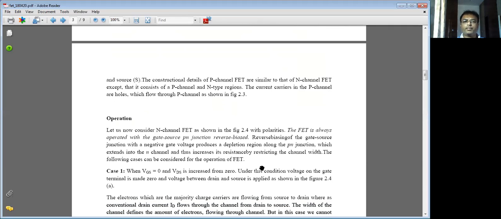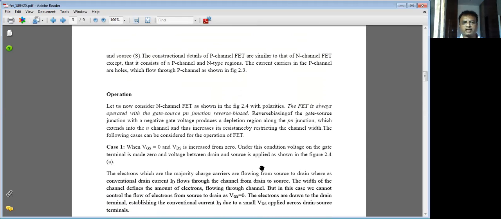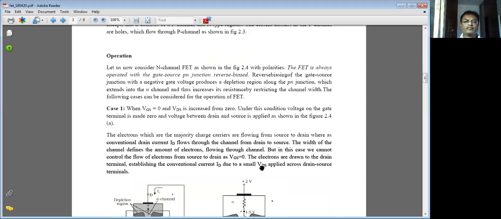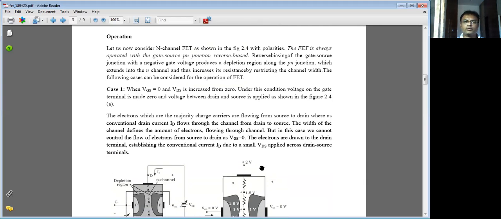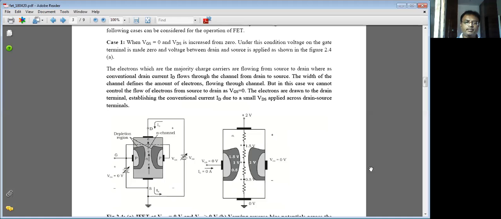Then coming to the operation. That was the construction that we just saw. As I told you, this is a voltage control device. So voltage is applied between the gate and the source.